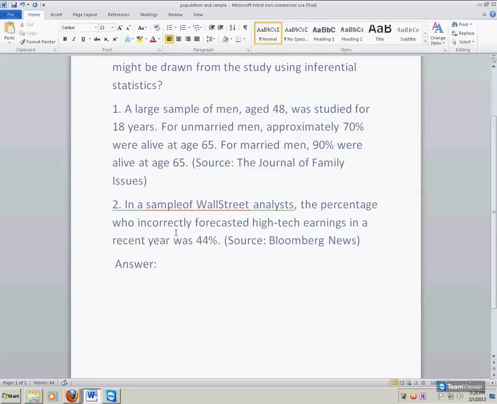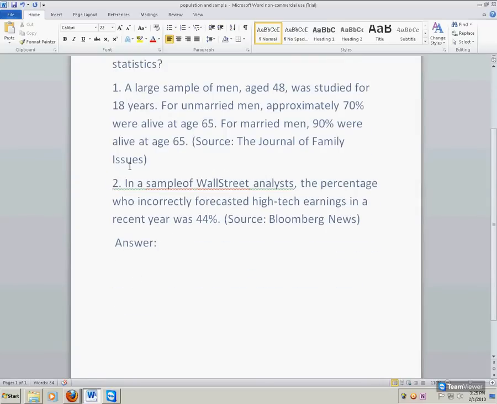Now, the answer to these two questions will begin by me trying to explain what descriptive statistics is. So I'm going to put a comment here. I'll write here descriptive. And the next one will be inferential. All right. So what is descriptive statistics? Let's just go ahead and write it down.